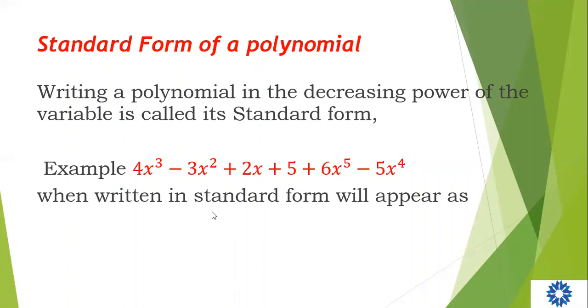The given expression, we have to arrange in decreasing power order. The highest power is 6x power 5, you have to write first. Next, minus 5x power 4, then 3, 2, 1, and then the constant. So a polynomial we have to write in decreasing power order. This is called standard form.